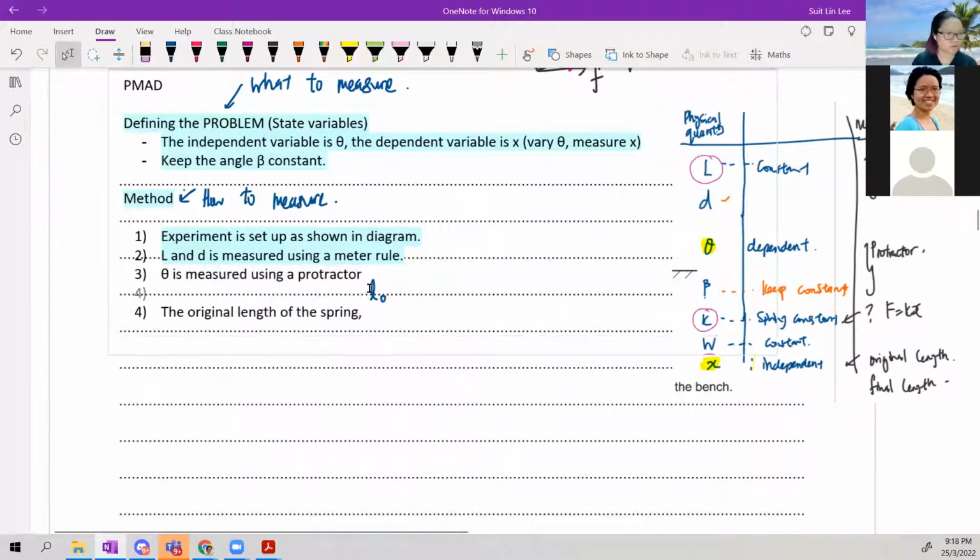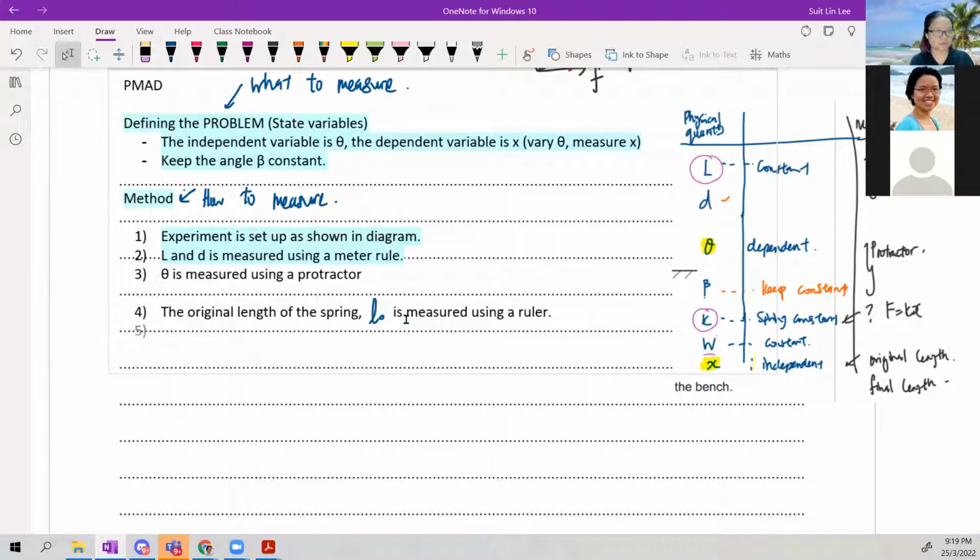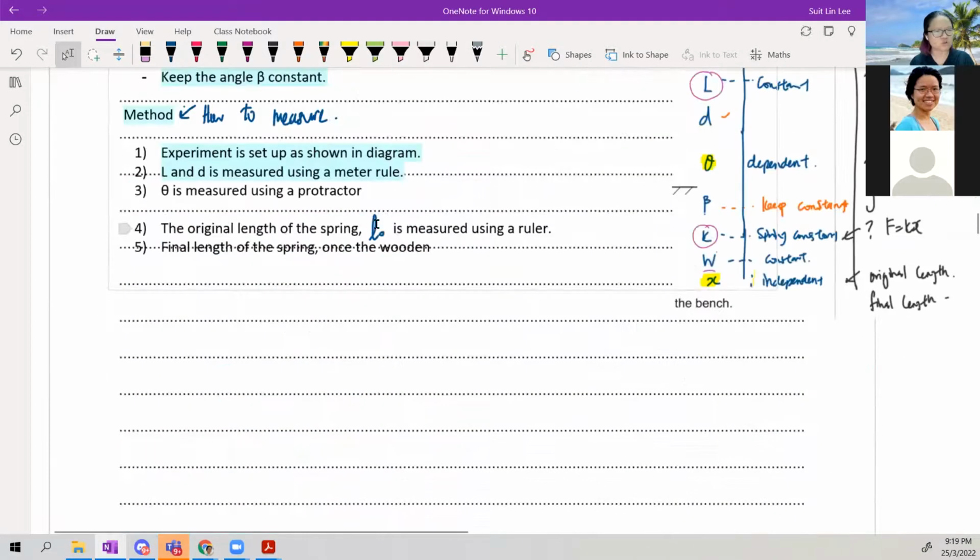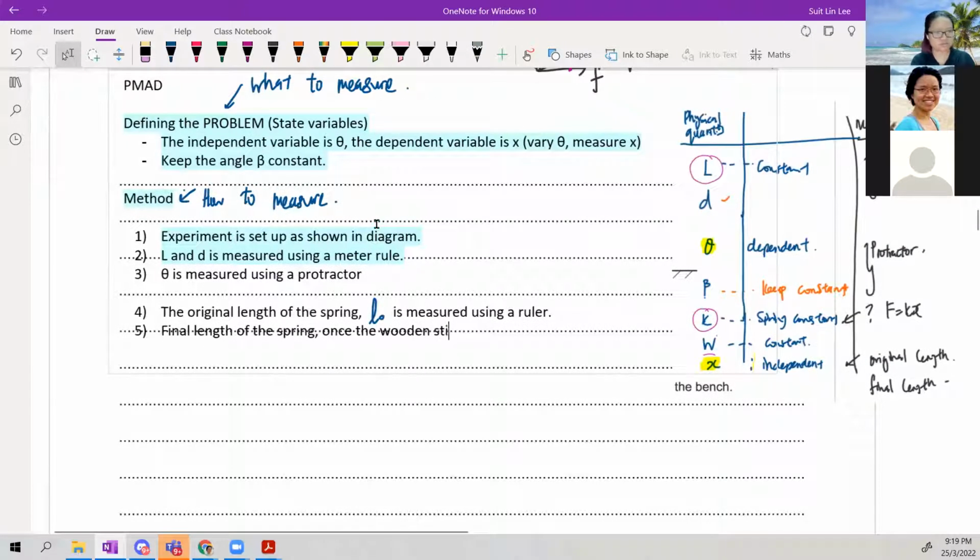I'm not sure what happened there. I shall just press enter. So the original length is measured using a ruler. Okay, then final length of the spring once the wooden rod, we call it a wooden rod, wooden strip is in equilibrium or stops moving.